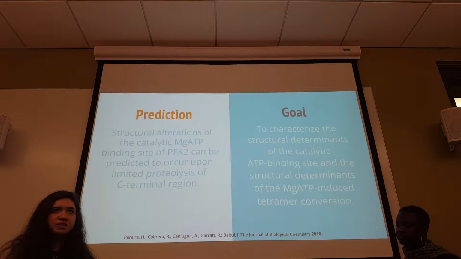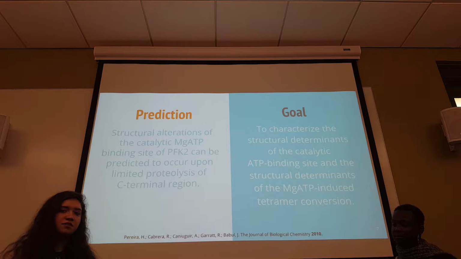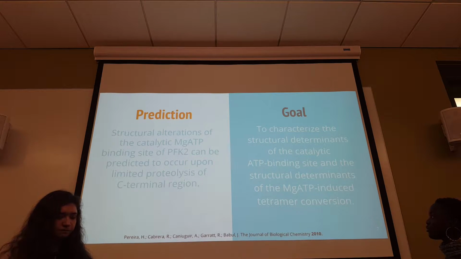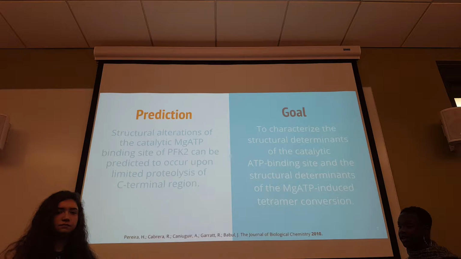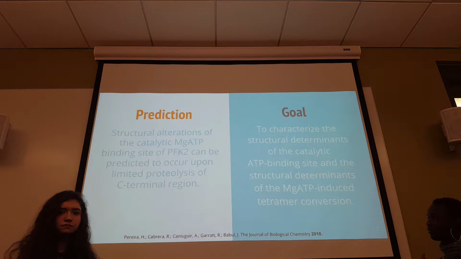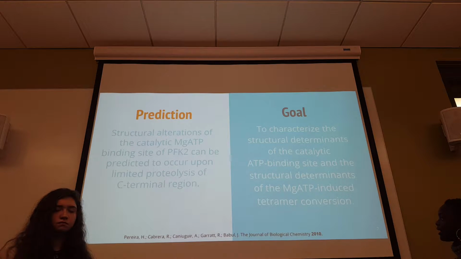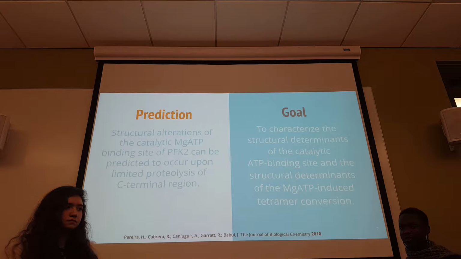This led them to believe that the C-terminus was responsible for tetramerization, and it also led them to believe that tetramerization and the allosteric binding were independent of one another, but they weren't sure which region of the enzyme was responsible for both of these processes. So the goal of this paper is to explore the structural determinants that govern the ATP binding sites, as well as the structural determinants of the ATP-induced tetramer conversion.